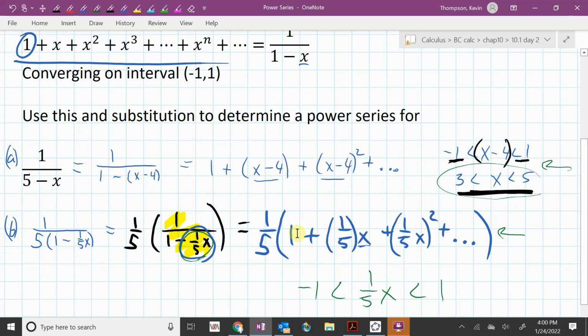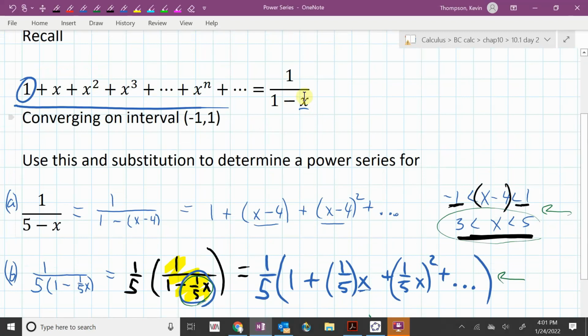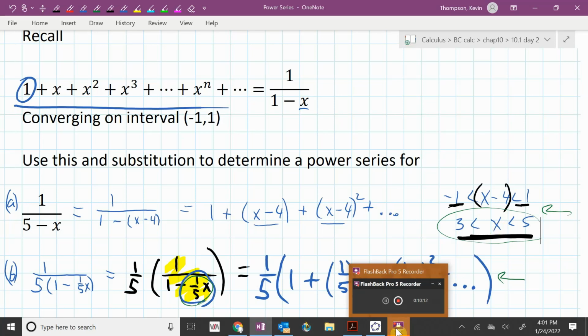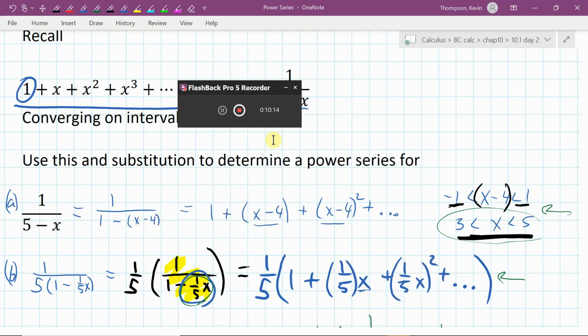Both of them are representations of this function. It's just that it's going to be different intervals where that function is matching it. So I hope that helps a little bit of seeing the interval of convergence.